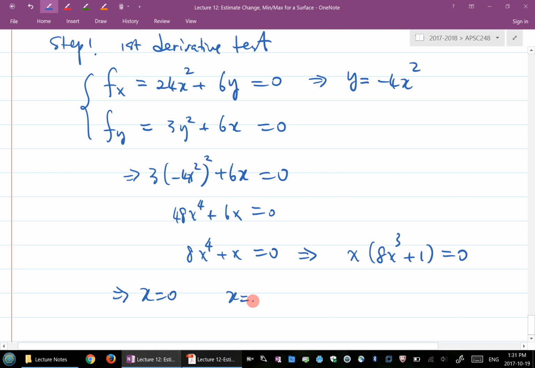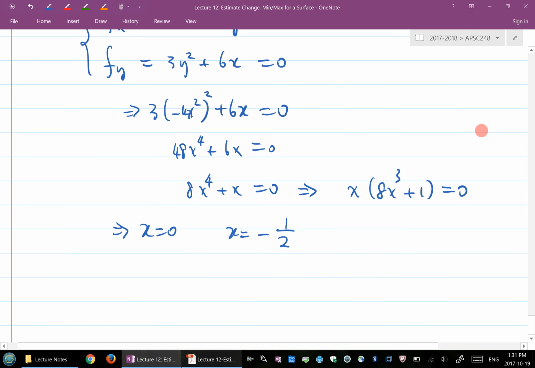So 8x cubed equal to negative 1, so x cubed equal to negative 1/8. Then you take the cube root, and you get x equal to -1/2. So there are two solutions for x, then there have to be two solutions for y.